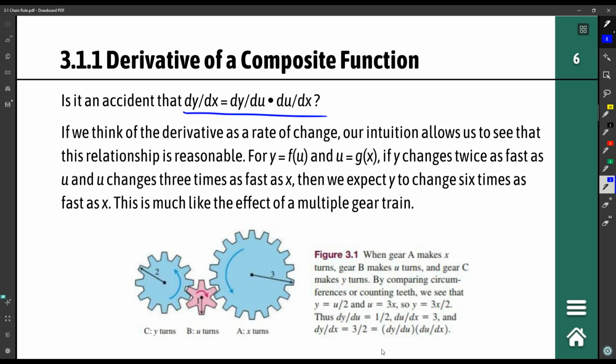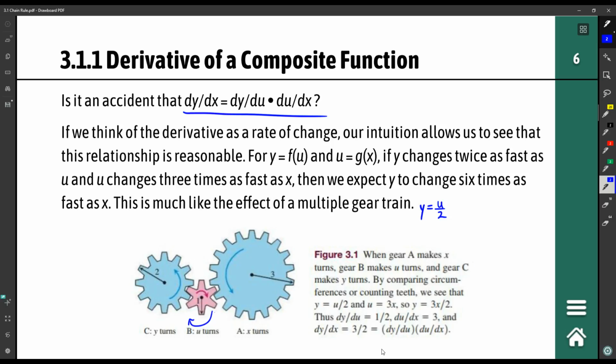So here are 3 gears, and C makes y turns, B makes u turns, and A makes x turns. So we can write that in terms of equations. A y turn will be equal to however many turns u makes divided by 2, since y is a bigger gear. So that would be u over 2.